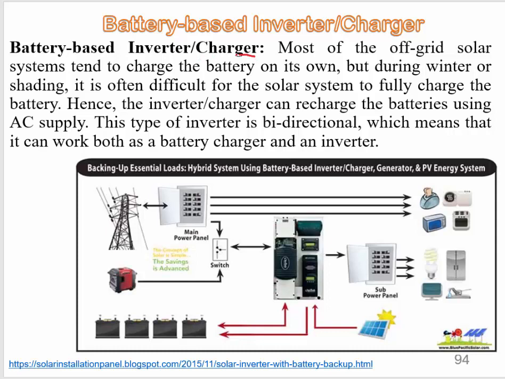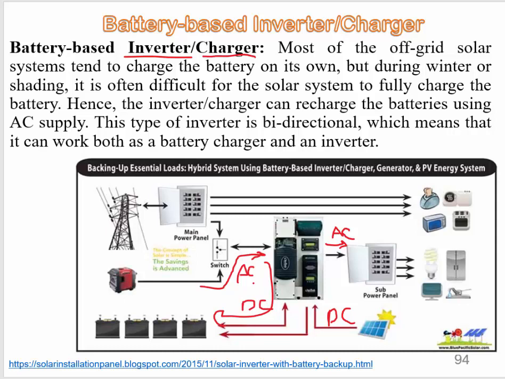This type has two functions, inverter and charger. As we can see, it's used to convert the DC current into AC current. And it can also take the AC current from the main grid or an outside generator, and save this AC current into the batteries after changing it into DC current.